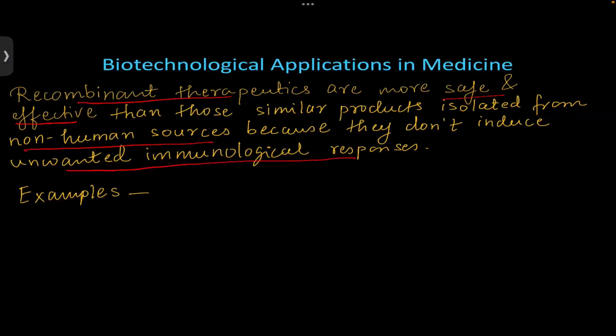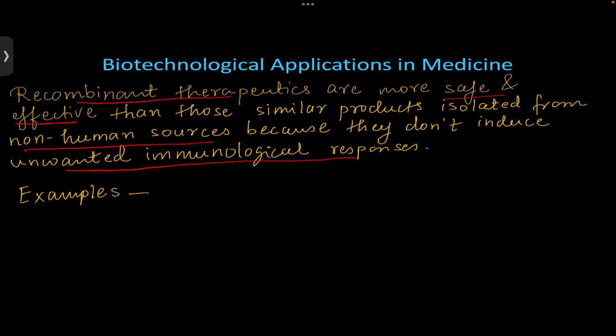That is why I said that recombinant therapeutics like proteins are more safe and effective than these proteins taken from non-human sources.